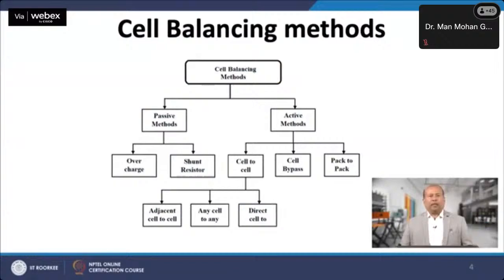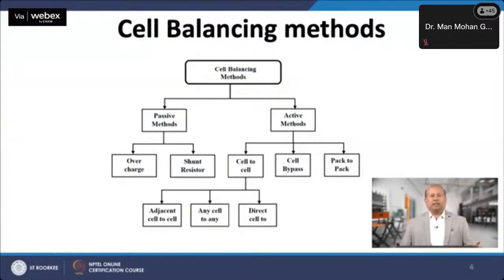The active balancing methods are segmented into cell to cell, cell bypass, and pack to pack balancing. The basic balancing required for a module is cell to cell balancing, also called cell balancer.